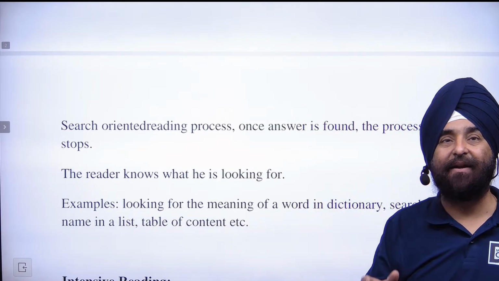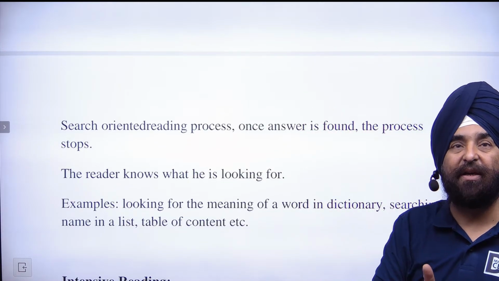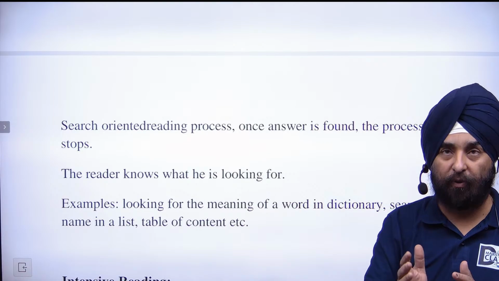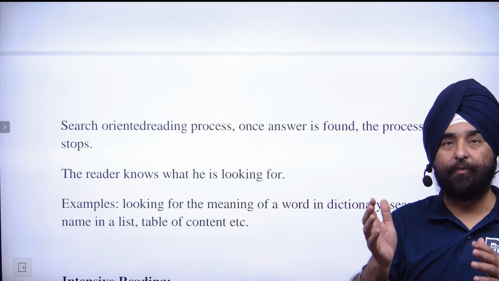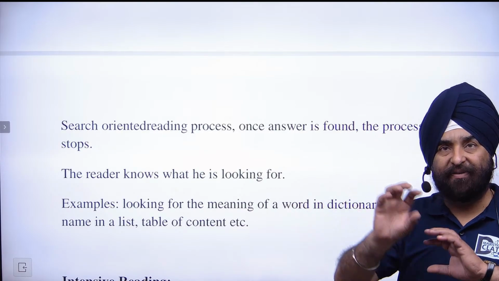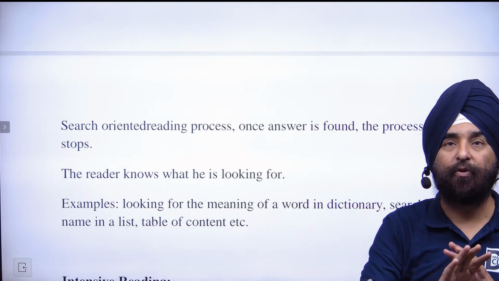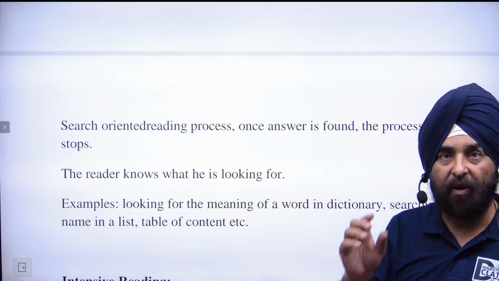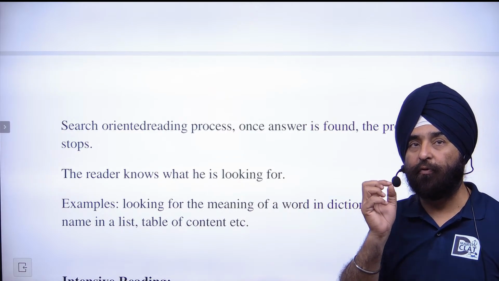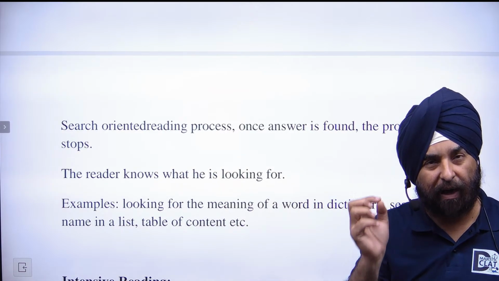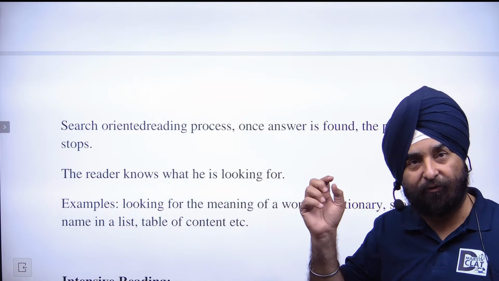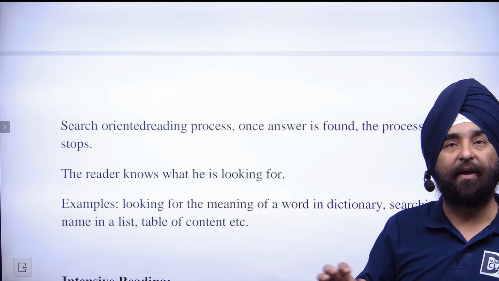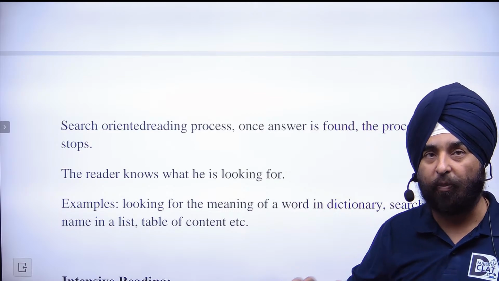We can say that scanning is a search oriented reading process, where once the answer is found, the process stops, because our aim is only to look for that particular phrase or line, whatever it is. Once we have found that answer, the entire reading process stops there.